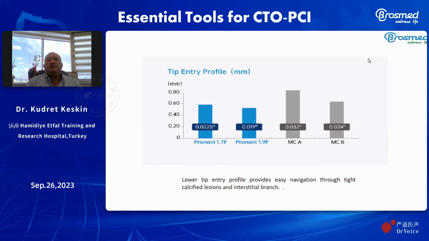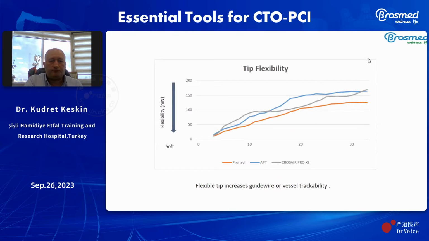And this is the tip entry profile compared with its competitors. As you can see, Pronavi 1.9 French has a 0.019 inch tip entry profile due to its tapered design. So it gives great advantage in very calcified tight lesions.